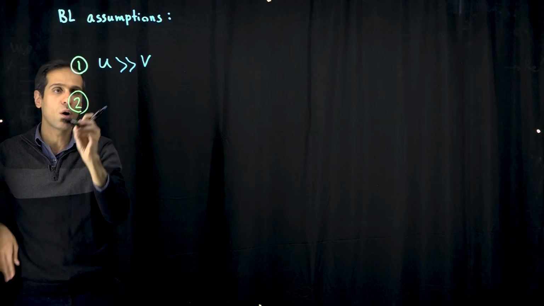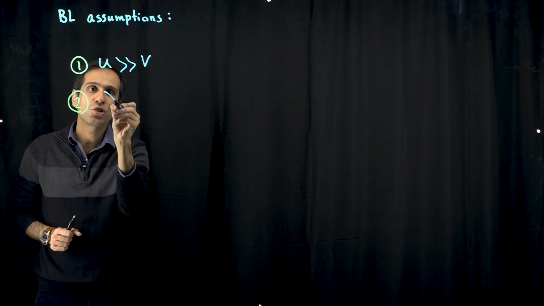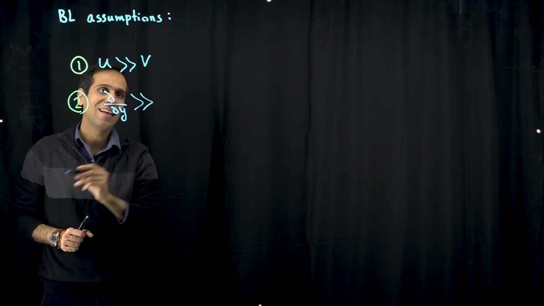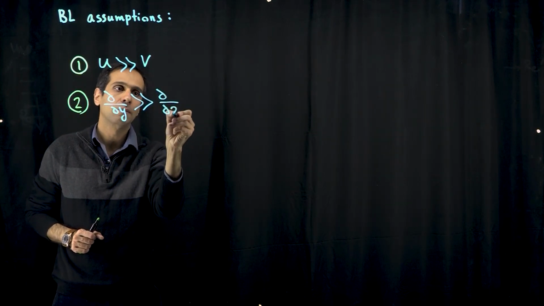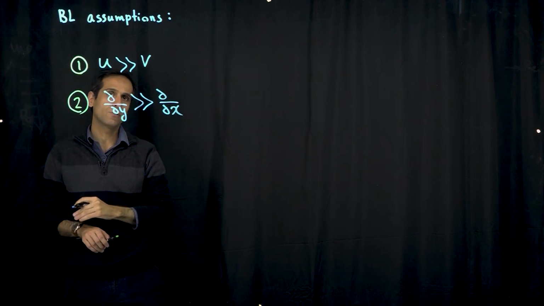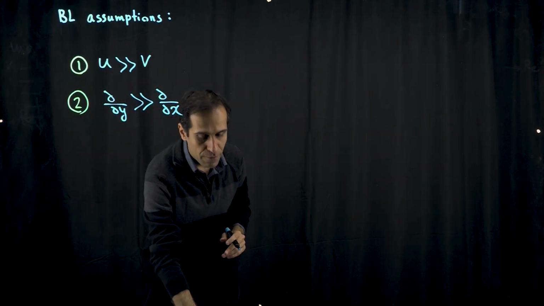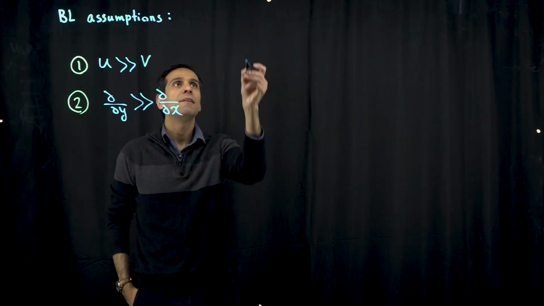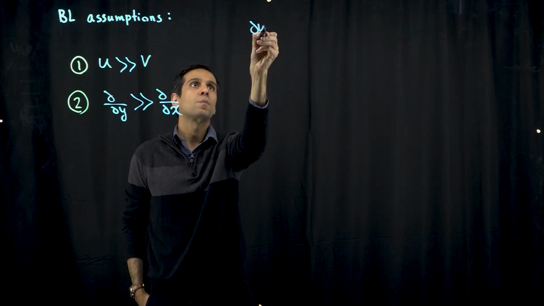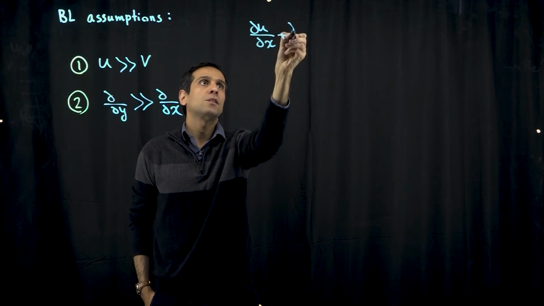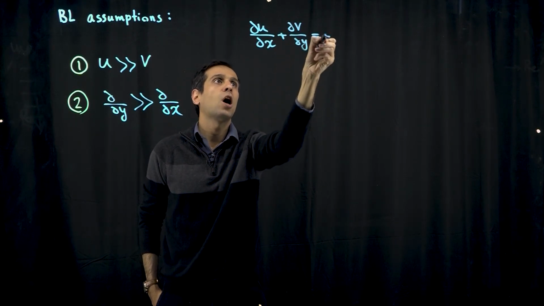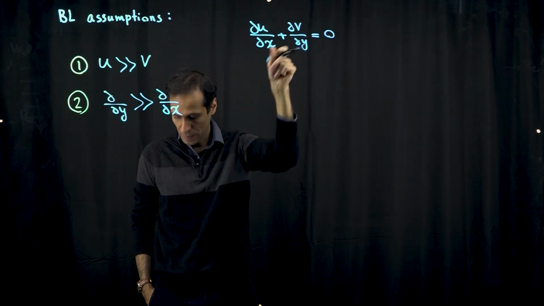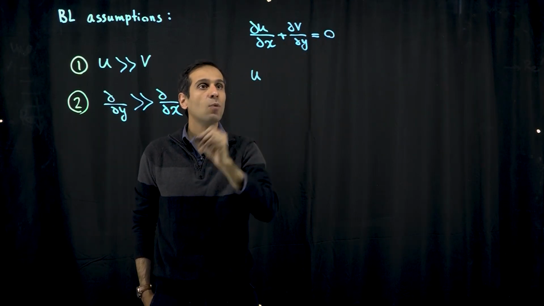And second, changes in the y direction are more significant than changes along the boundary layer in the x direction. So if we apply those assumptions to the original equations, finally we will have these equations. This is the familiar continuity equation. The continuity equation remains intact, but the x momentum changes.